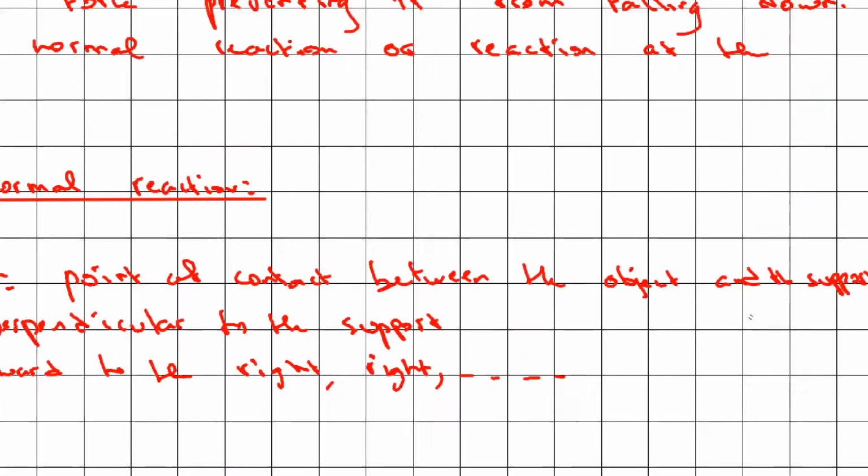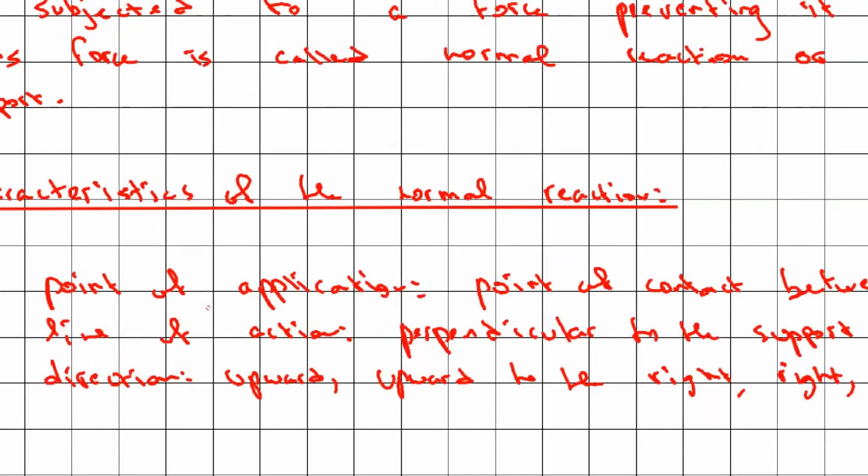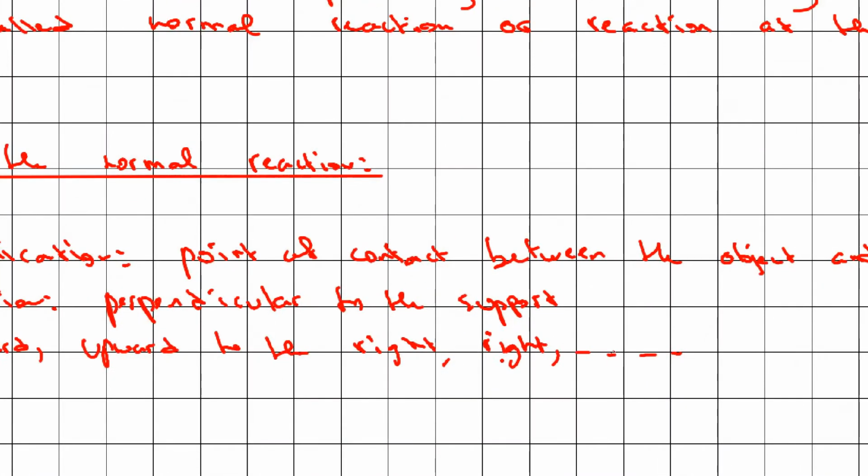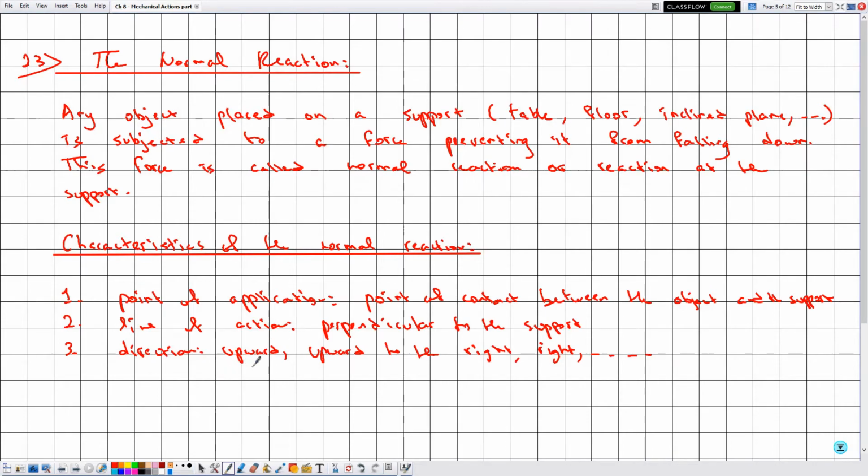So whenever we are able to specify the point of application and the line of action as well, one can directly specify the direction. As for the magnitude, the magnitude in this case can be determined from the vector relation.